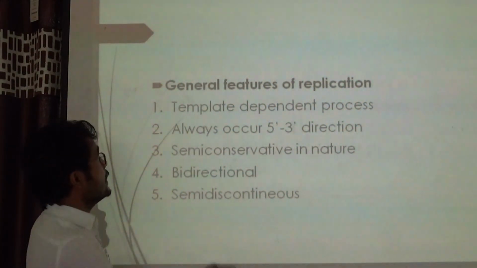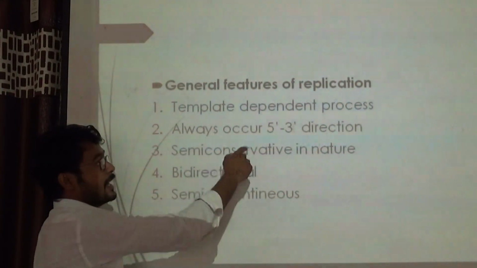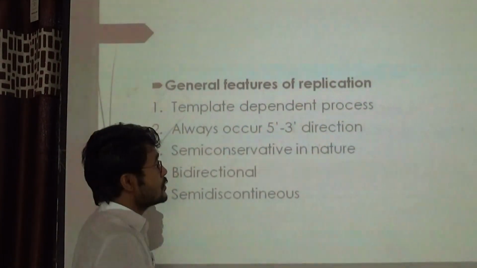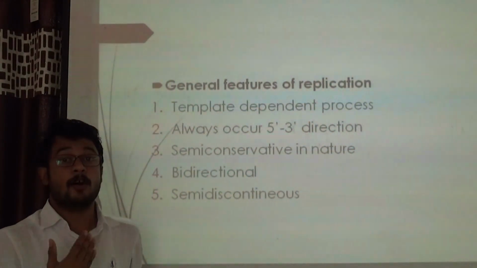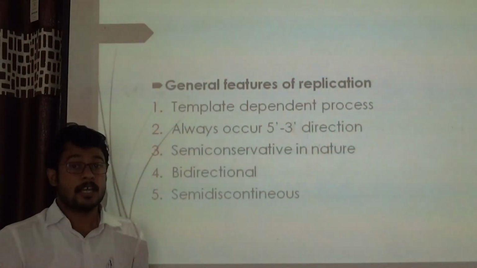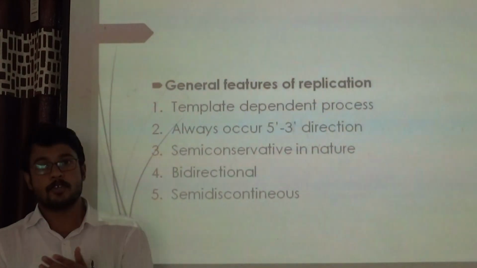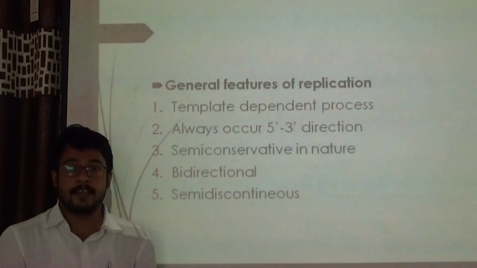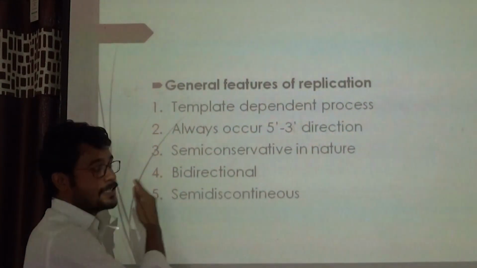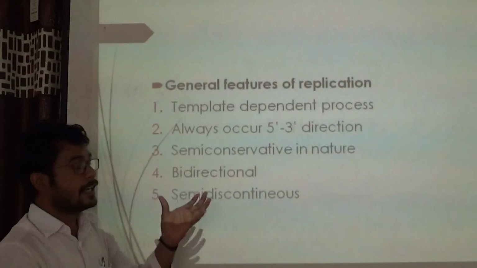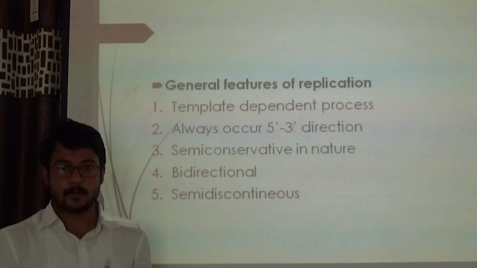If replication occurred in the 3' to 5' direction, there would be no proofreading activity. But what is proofreading activity? Proofreading activity is like a backspace of the nucleotide sequence, a clearance of the nucleotide sequence.